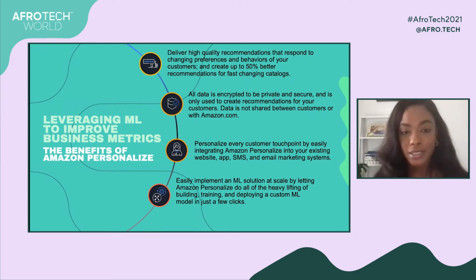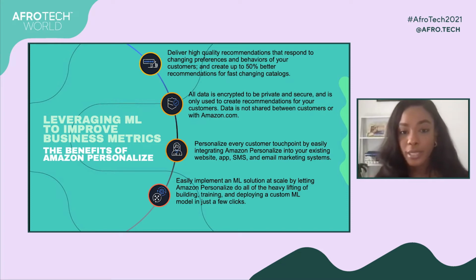At AWS, security is our top priority, so you can rest assured that all of your organization's data is encrypted to be safe and private and is only used for recommendations for your customers. All models are private and custom, and we do not share this data between customers or with Amazon Retail.